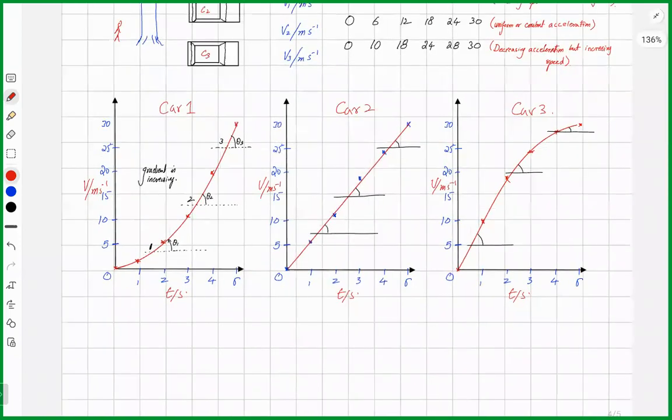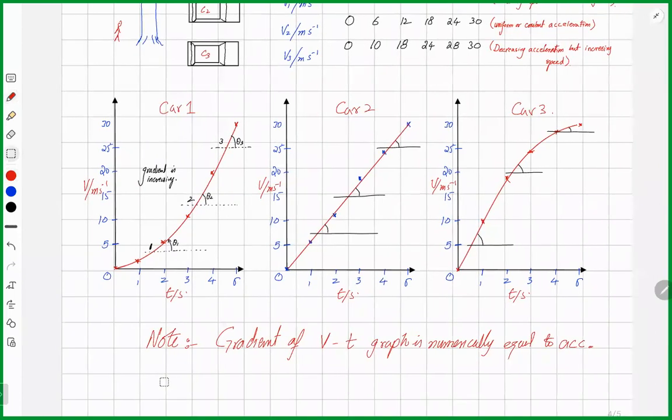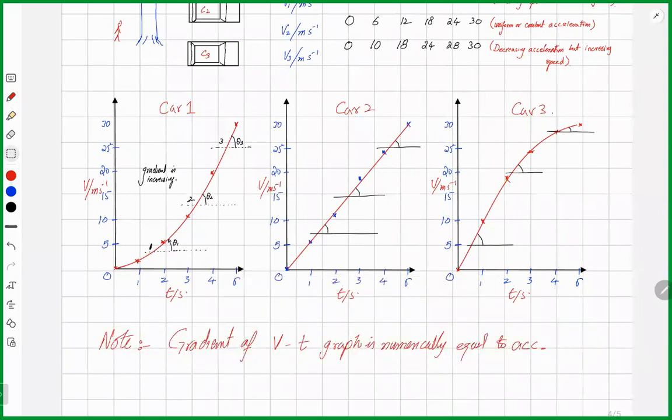Note. Gradient of speed time graph is numerically equal to acceleration, and this is note number 1, and 2 is area trapped between the graph and the x-axis, sometimes termed as area under the graph.